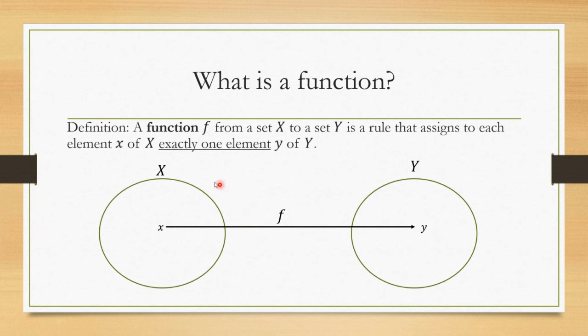Sets, I'm denoting by these big circles, although on some slides, it's going to look like an oval. You can specify that rule using a correspondence diagram, using an equation in X and Y, using a graph, using a relation. As long as you're specifying what that rule is, and that rule satisfies the conditions of the definition, then you have a function.